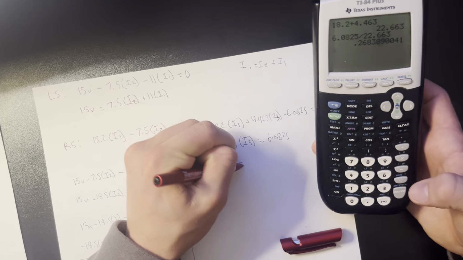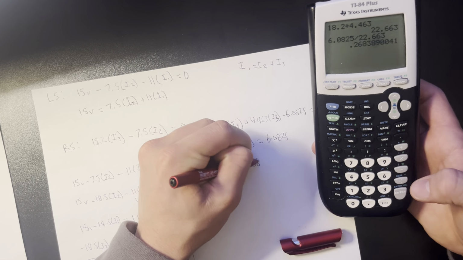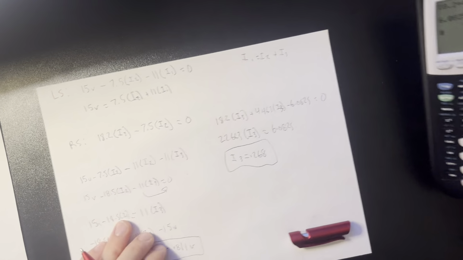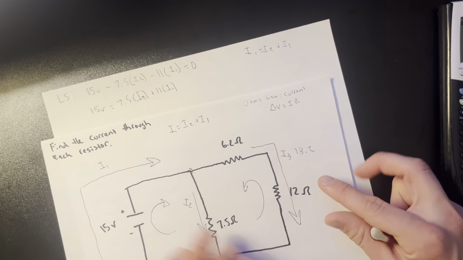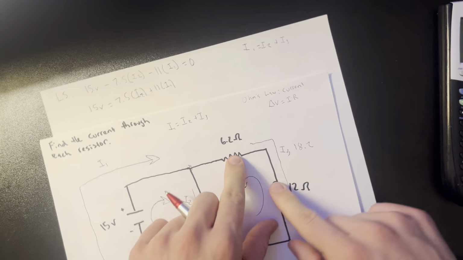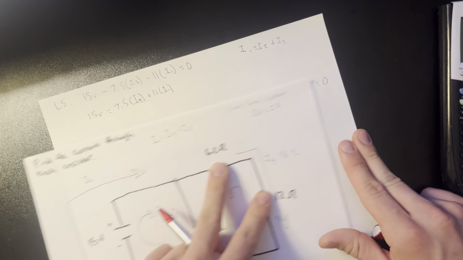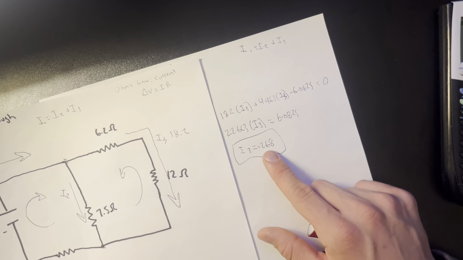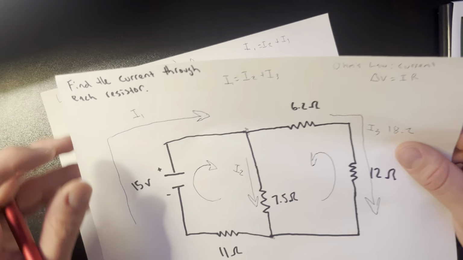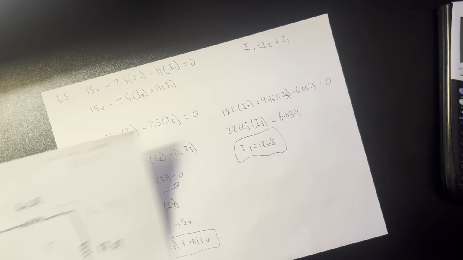So I3 is equal to 0.268. So this is our answer. That means our current through this resistor is 0.268.